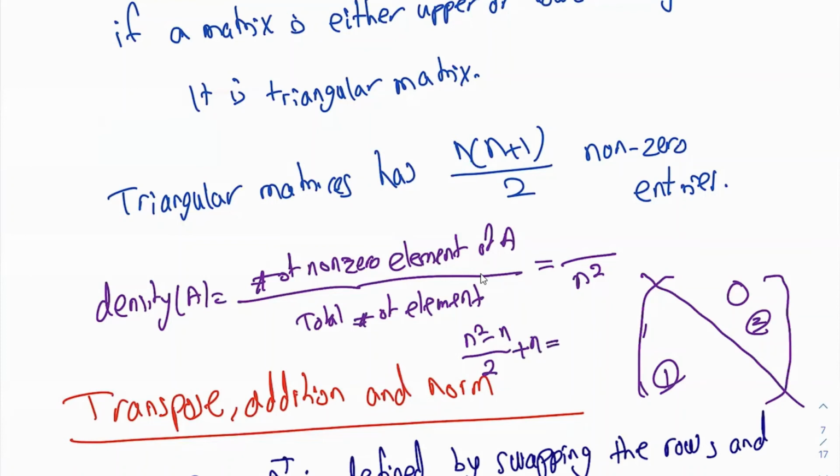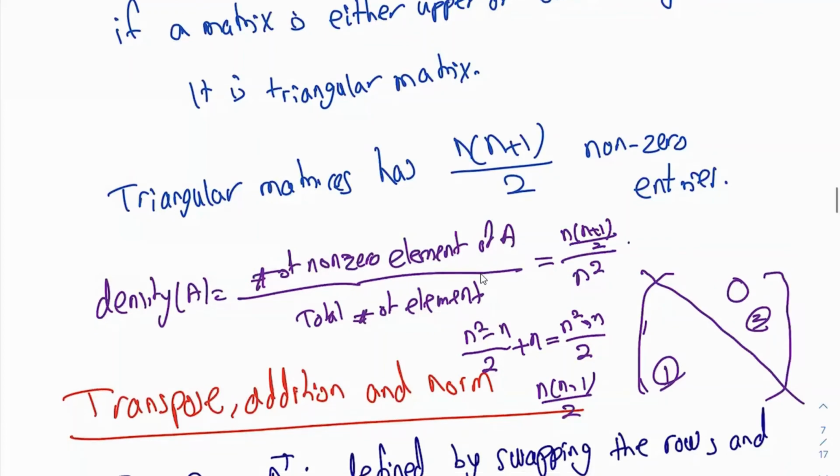If you do that, you will get n squared plus n divided by 2, which is n times n plus 1 divided by 2. So you will have n plus 1 over 2n. That's the density of a triangular matrix, whether it's lower triangular or upper triangular.